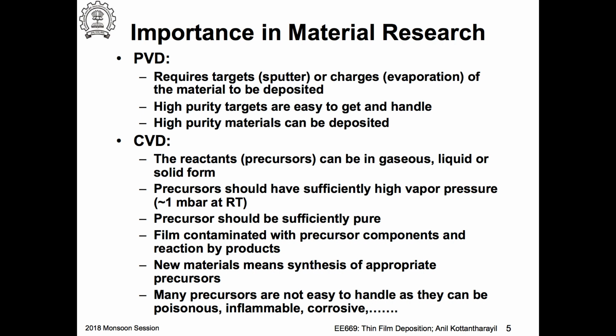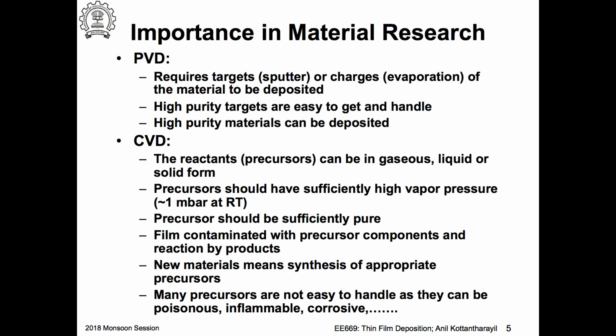Now, it's very easy to get high purity charges. For example, if I want to deposit aluminum, I can actually buy 2 kilograms of 99.999% aluminum for maybe 50,000 rupees. So, high purity charges are easy to get.